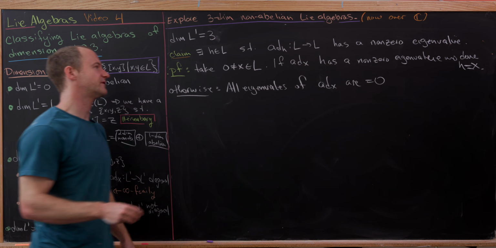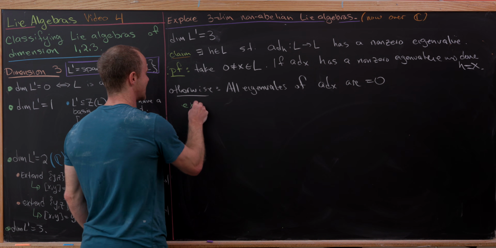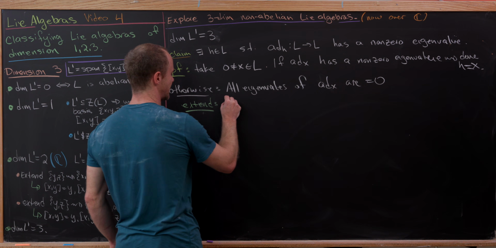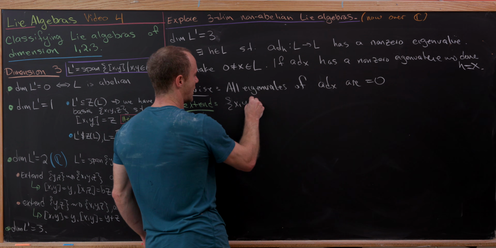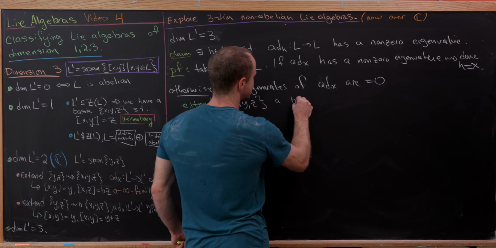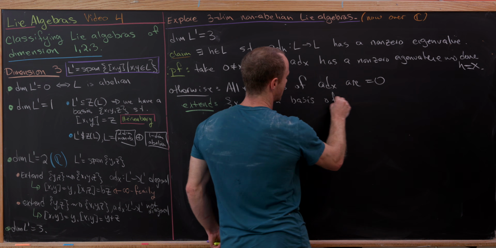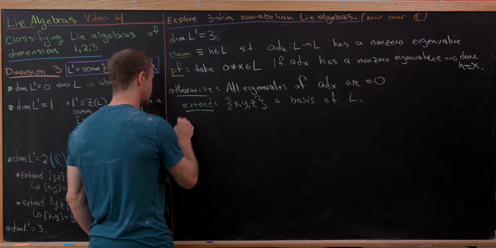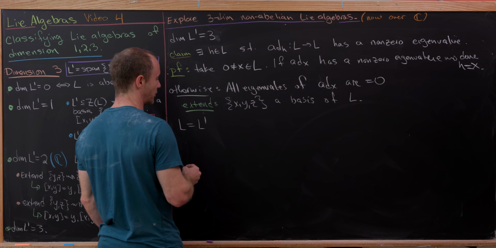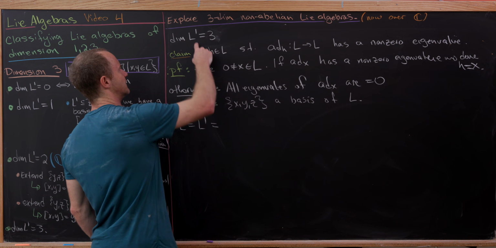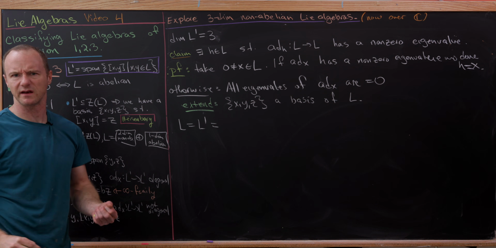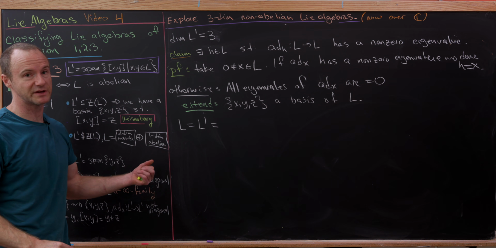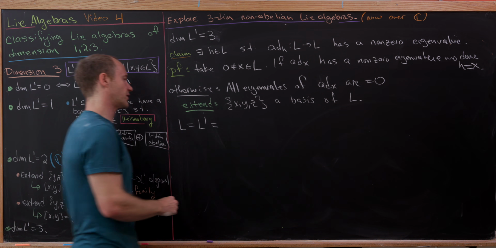Now we're going to do something that we've done several times here: let's extend x to a basis of the whole space. So we've got x, y, z, a basis of L. Okay, great. And then let's notice that L is the same thing as L prime. That's by our setup up here. We know that the dimension of L prime is 3. L prime is a subspace of a three-dimensional vector space, so it's got to be the whole thing.